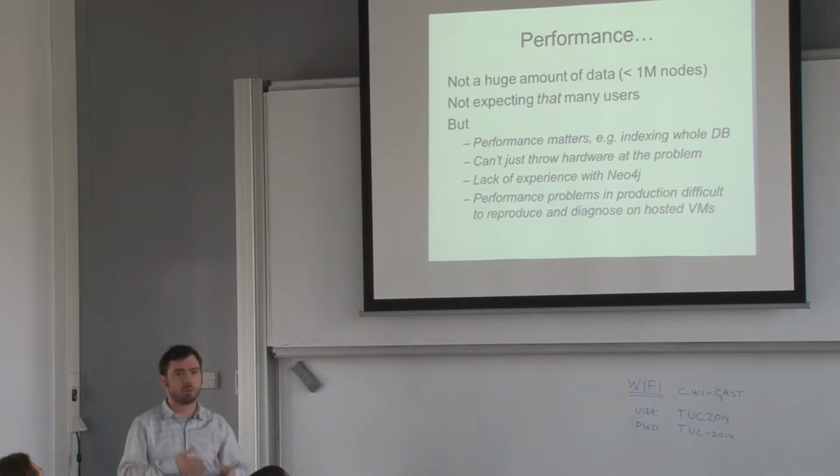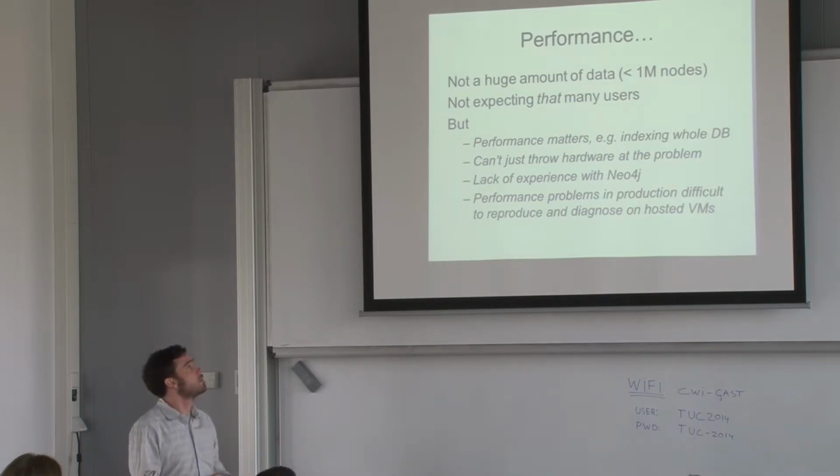I mean, the 1 million nodes was something I pulled out of the air, but for example, if we have 100,000 actual archival descriptions, this would translate to maybe 1 million nodes. Then there'll probably be some on top of that. So it's in that order of magnitude. The number of users we get will depend on how interested people are in the project, and in particular if we get genealogists interested, then we could get quite a fair few users.